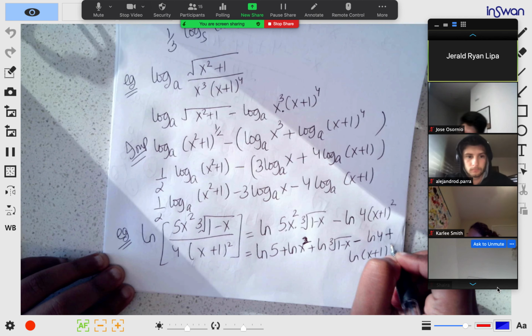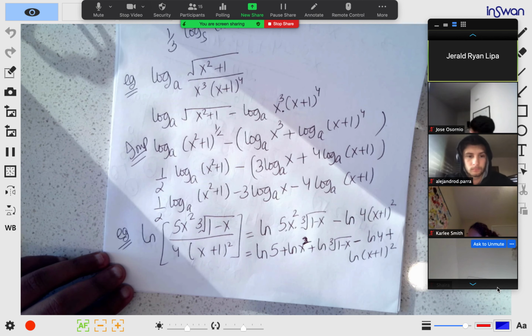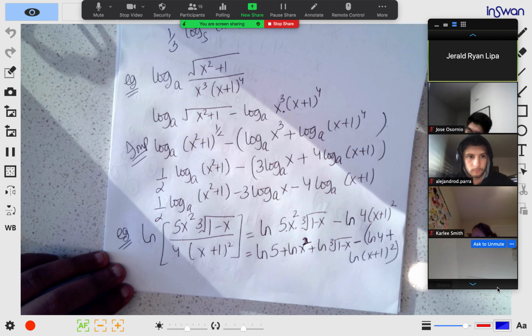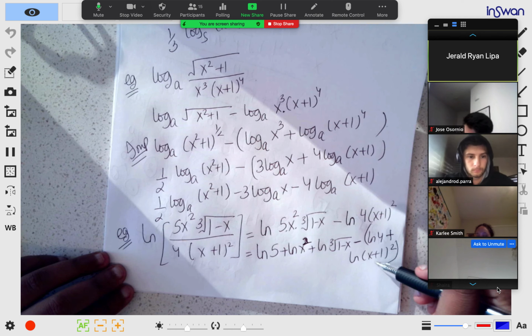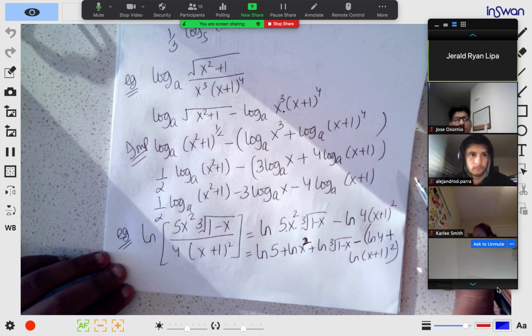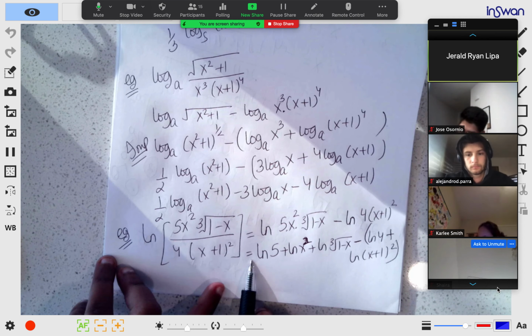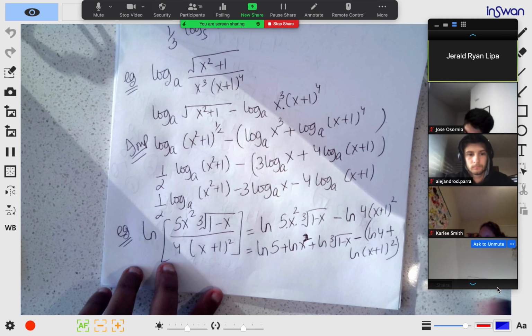Is there something wrong I did here, Gerald? You didn't include your brackets. Whenever you are opening after the minus sign, make sure you put in a bracket.